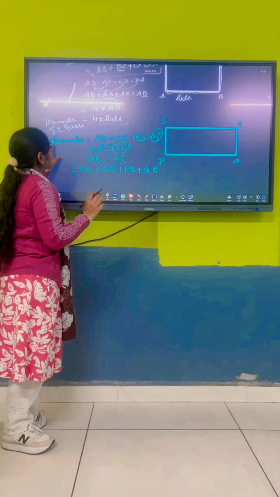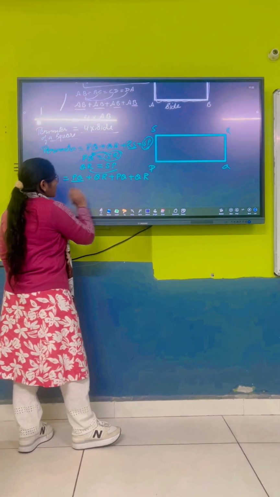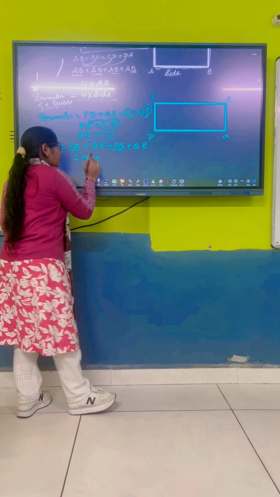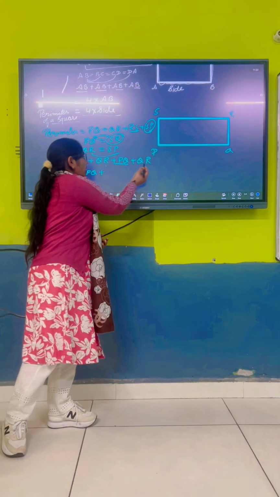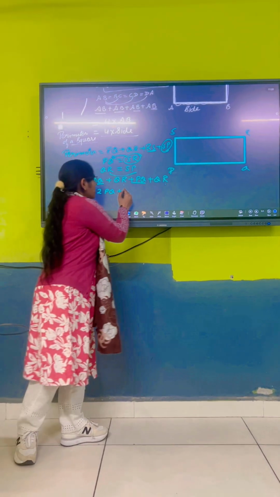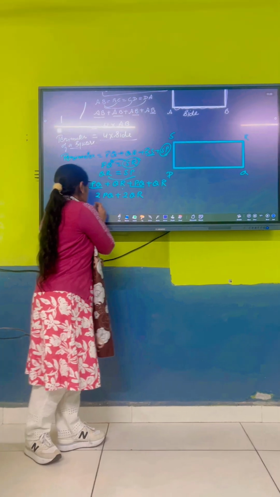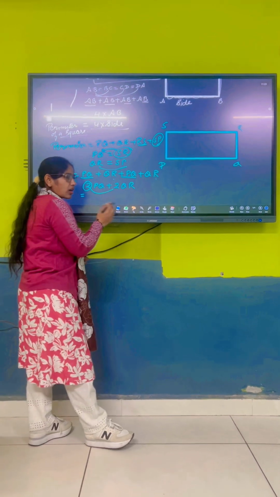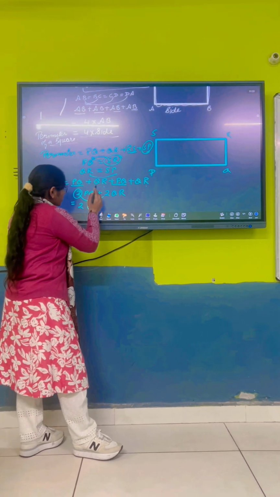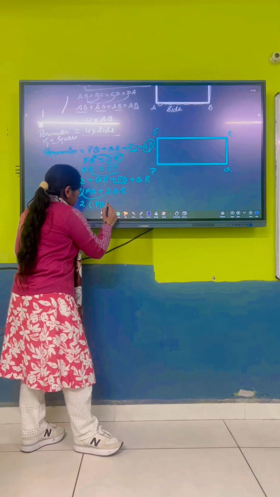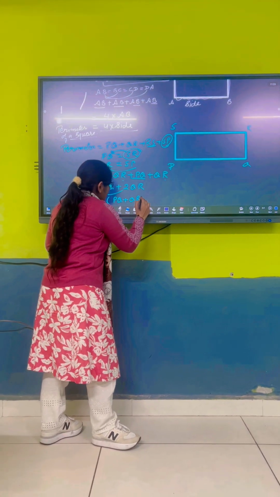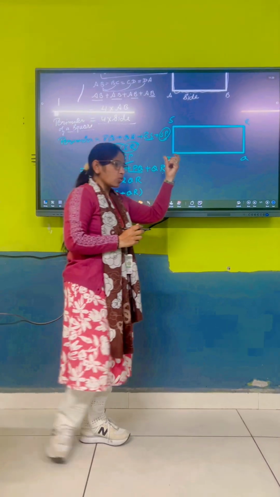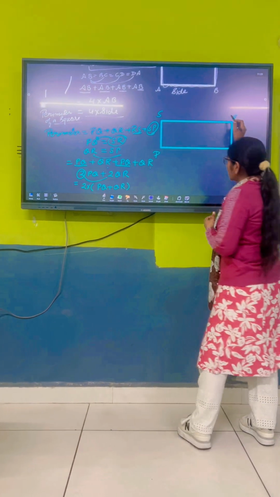Now we will add the same sides. PQ plus PQ is 2 times PQ, and QR plus QR is 2 times QR. Taking 2 common, we have 2 times PQ plus QR. That means the perimeter of a rectangle is 2 times the sum of sides PQ and QR.